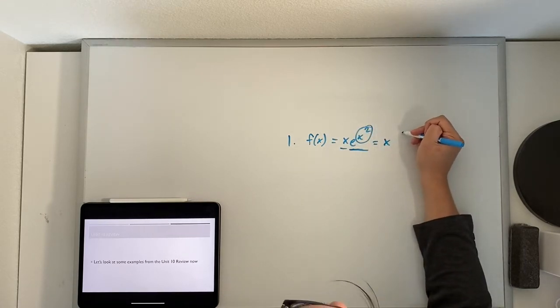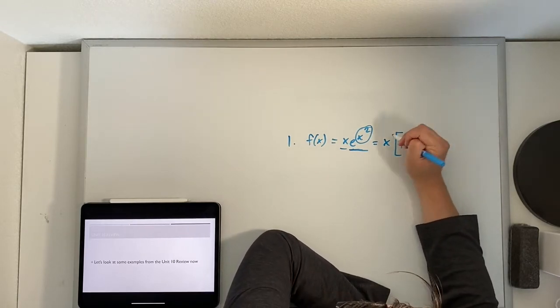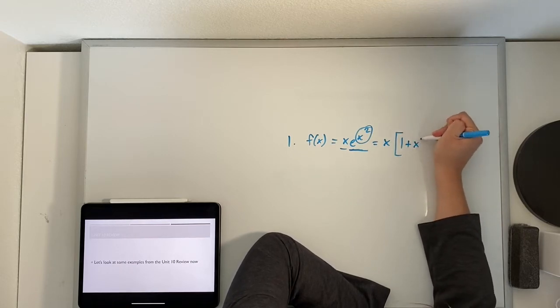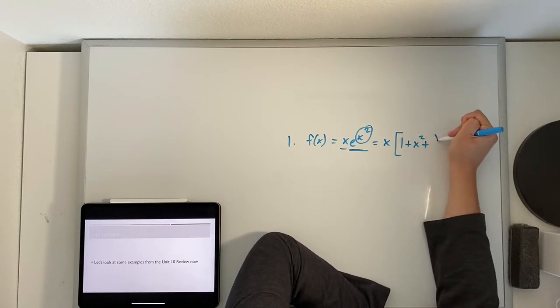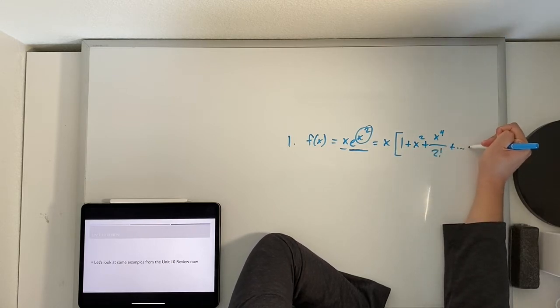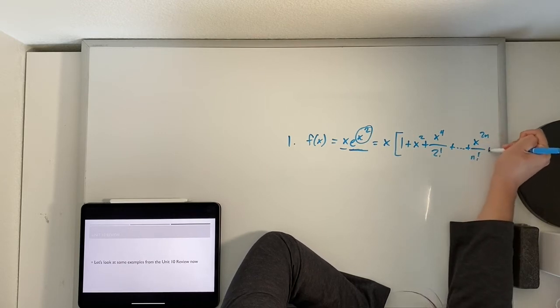So let's do x times. We have the series for e to the x, but anywhere there's an x, we are plugging in x squared. So we have 1 plus x squared plus x to the 4th over 2 factorial plus all the way to x to the 2n over n factorial.